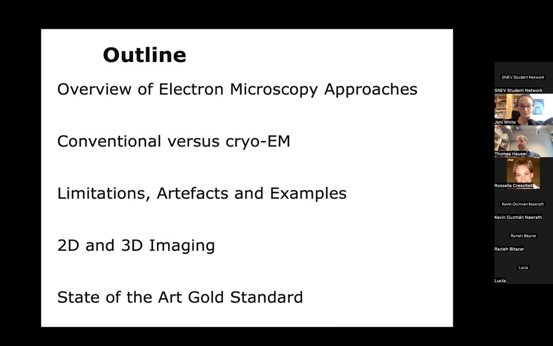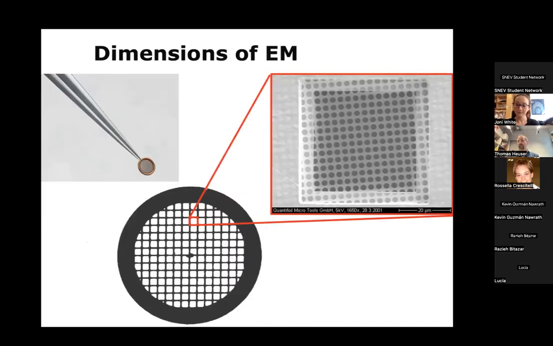I want to tell you not only what the strengths of the different approaches are, but also what their limitations are, what possible pitfalls and artifacts you need to look out for. I want to go into some differences between 2D and 3-dimensional imaging, and end by telling you what I would consider the gold standard now for visualizing extracellular vesicles by electron microscopy.